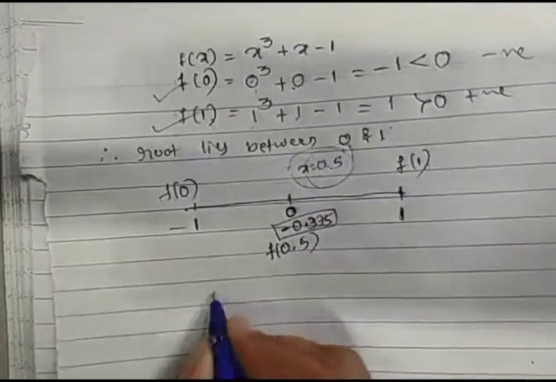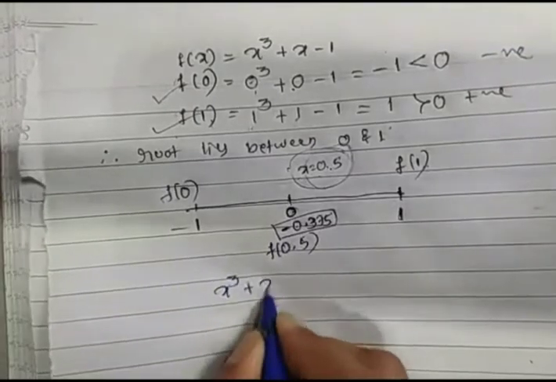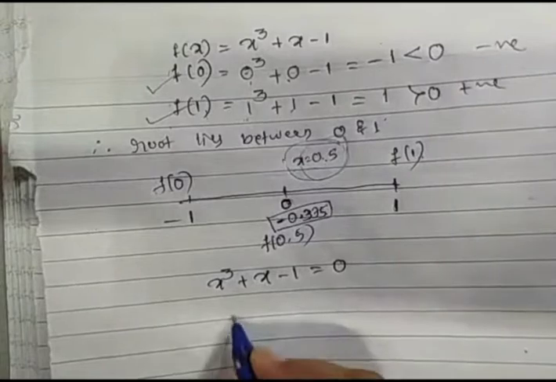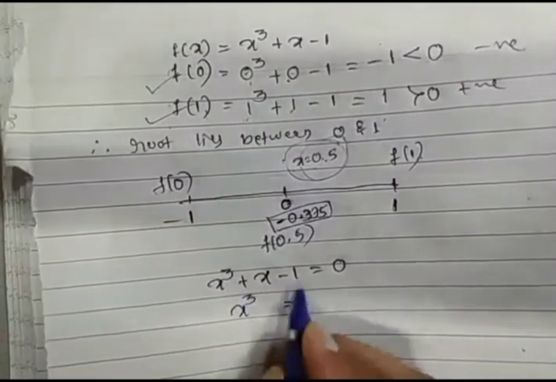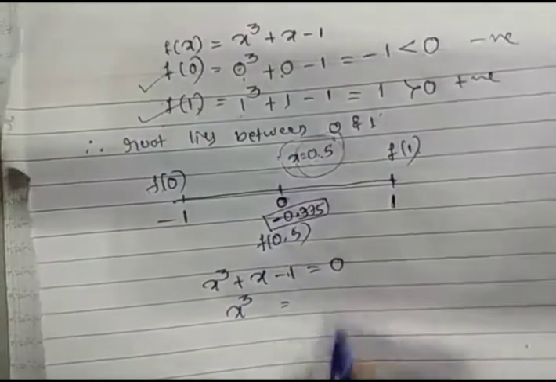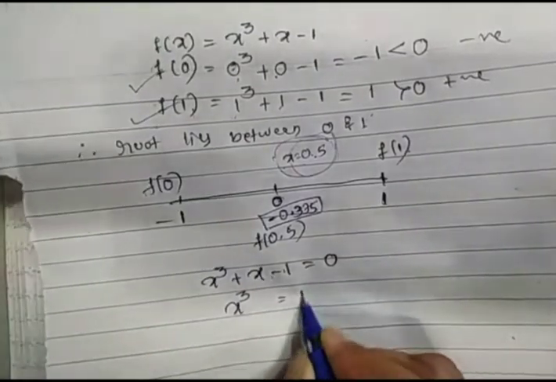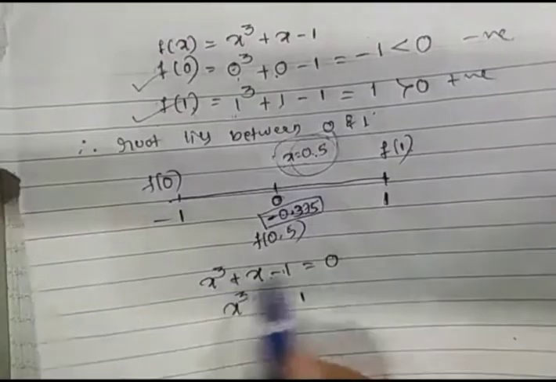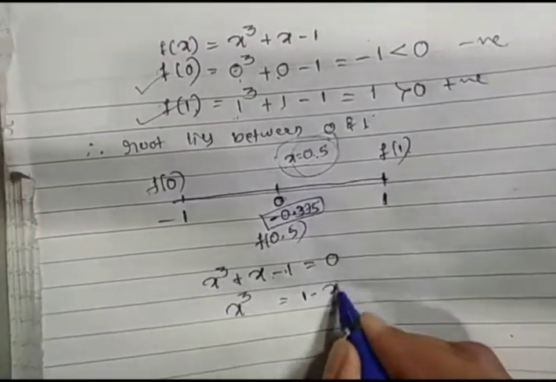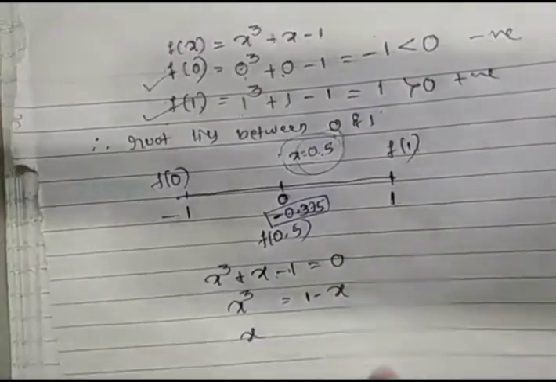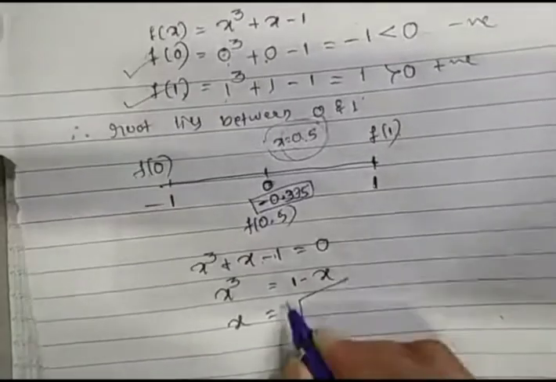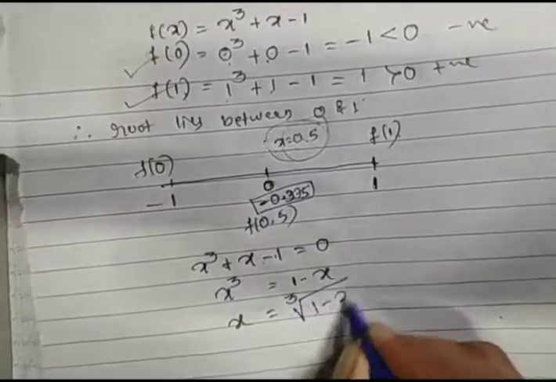Observe here, the given equation is x cube plus x minus 1 is equal to 0. Write x cube as it is. Take minus 1 to this side of the equation, then it is plus 1. Then take plus x to this side, minus x. Therefore, this implies that x is equal to cube root of 1 minus x.